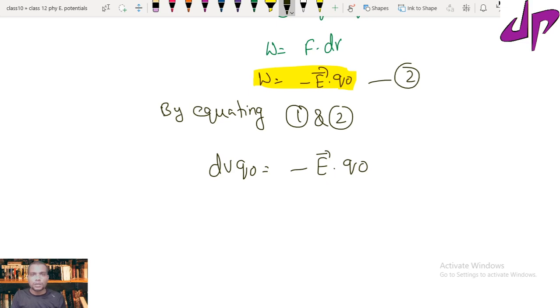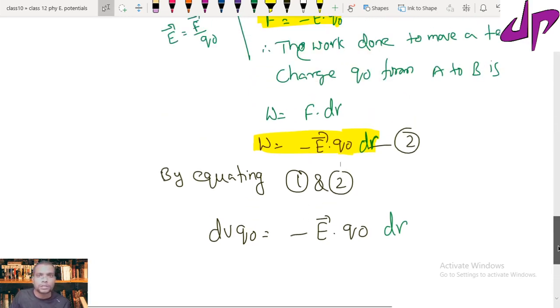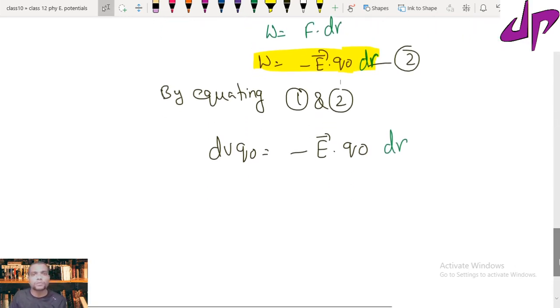Here I need to substitute the value of dr, the displacement, so minus E times Q naught times dr. Force times displacement, I substituted only the force formula, so I need to substitute the displacement also.